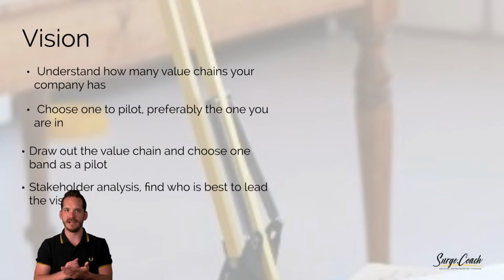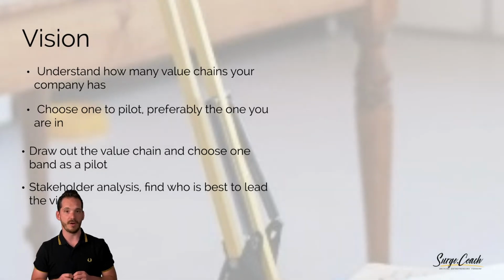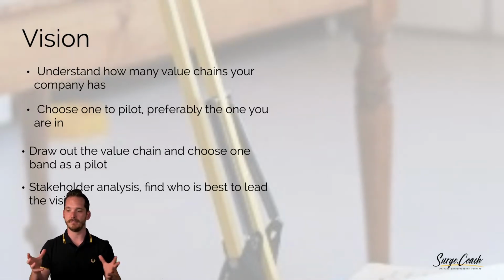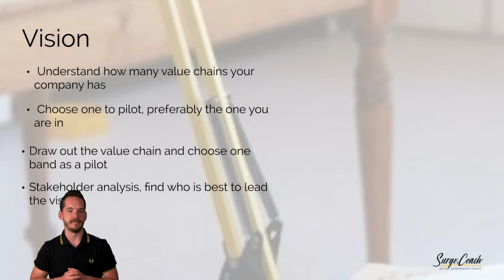Stakeholder analysis: find who is best to lead the vision. It may not be you. You want to find the chief influencer officer of that band and make them the champions. They're the people others listen to. And it's not always a CEO. It's not always a CIO. It will be someone who normally runs the ping pong tournaments, or somebody who organizes events, something that people follow.